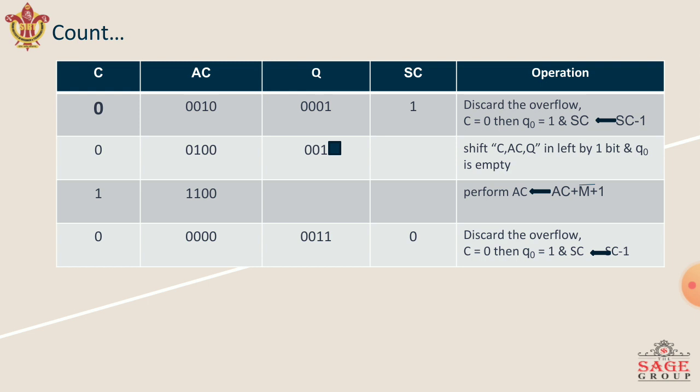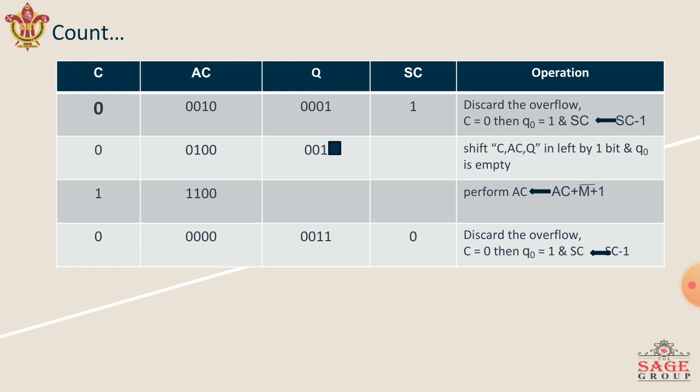So shift C, AC and Q left by 1 bit, Q0 is empty, and perform the operation AC plus M bar plus 1. After performing, we have the value of C, AC as 0, 0000, and the value of Q is 0011, and SC is decremented by 1, so the value of SC is 0.